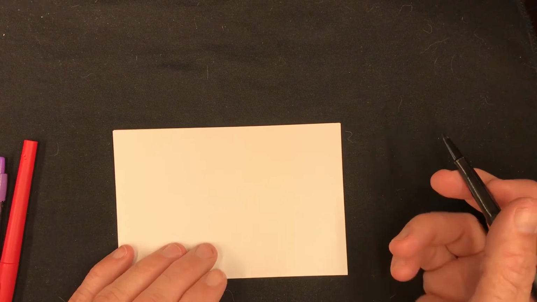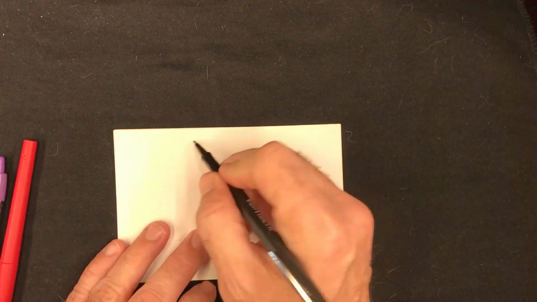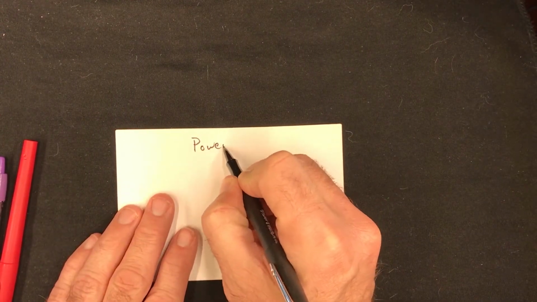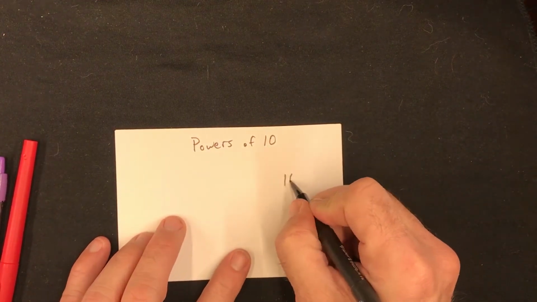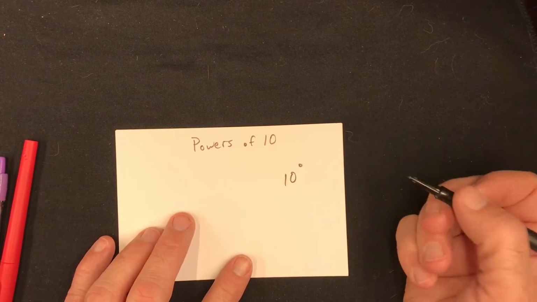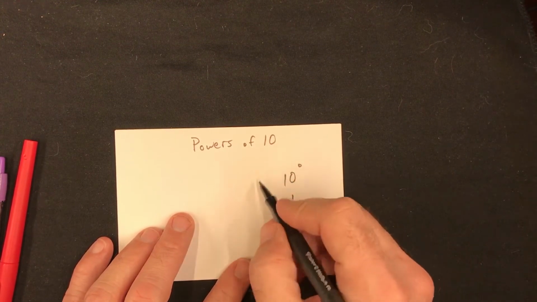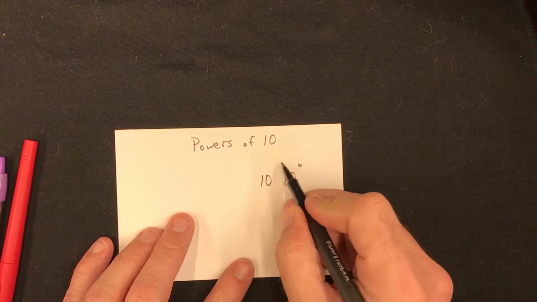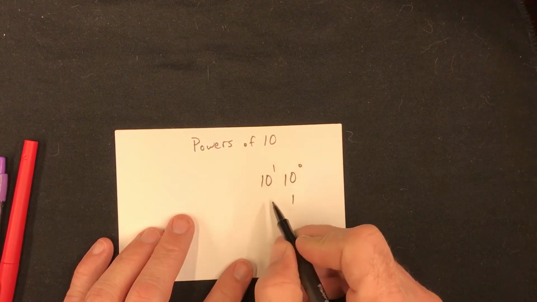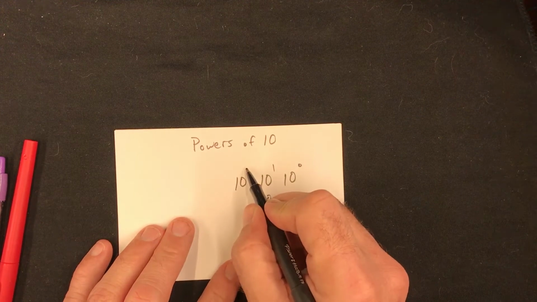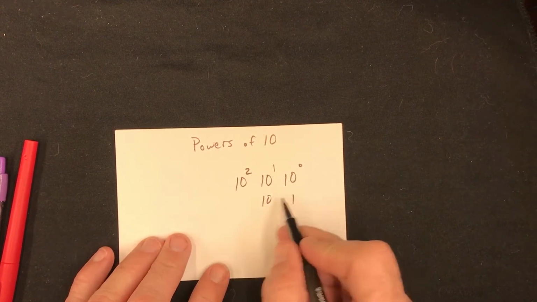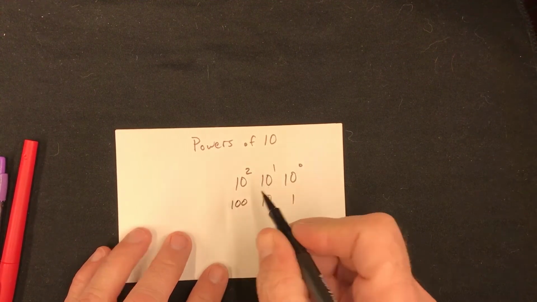Let's talk first about something familiar to everyone. They learn about this probably about first or second grade, and that's powers of 10. Okay, so if I have 10 to the 0th power, that's a 1. And if I have 10 times itself just one time, you get a 10. If you take 10 times itself twice, then you get 100.